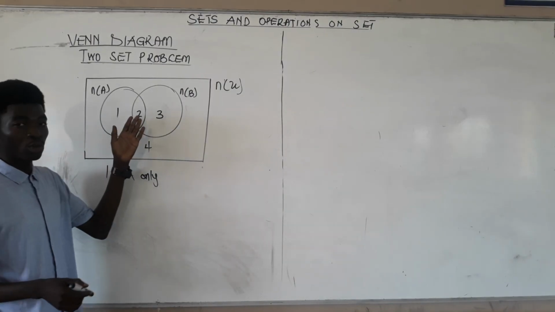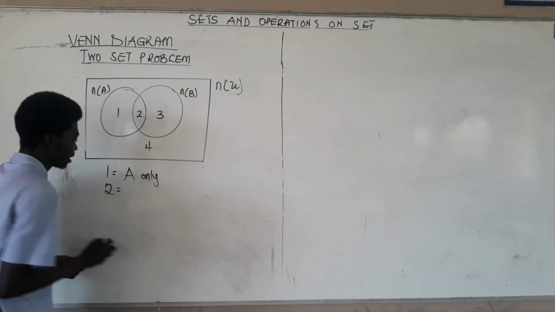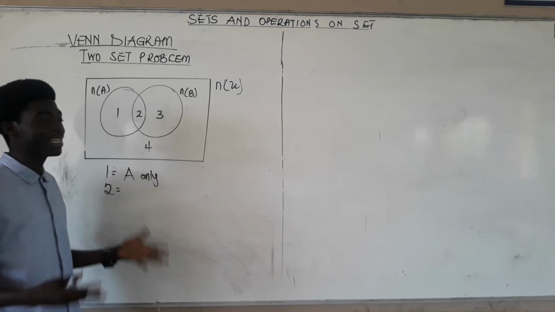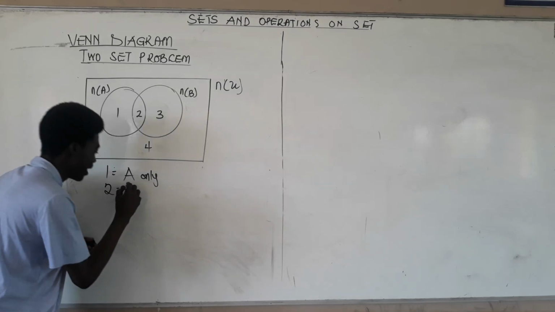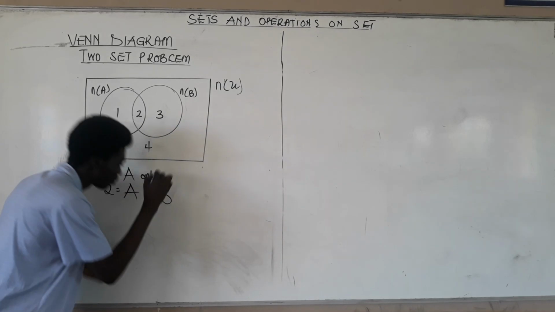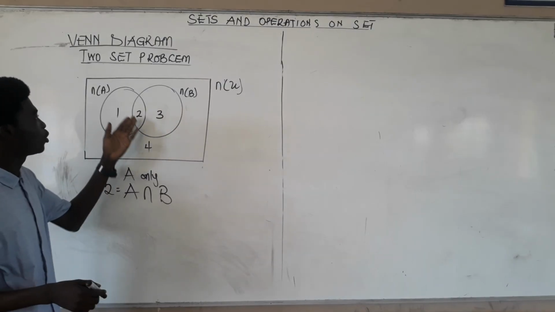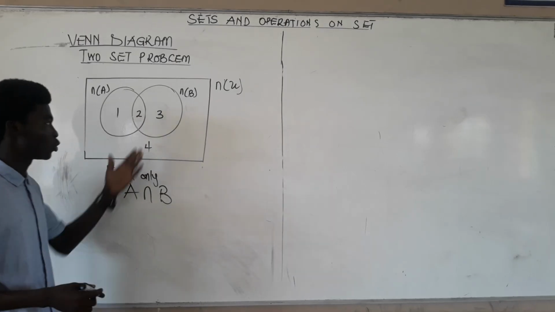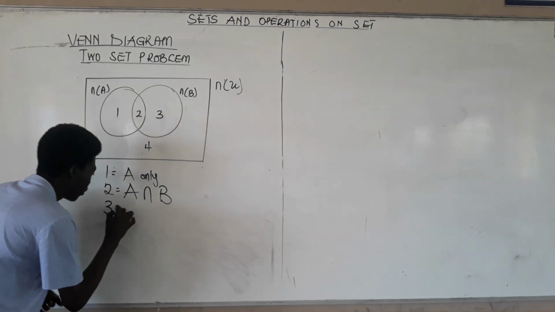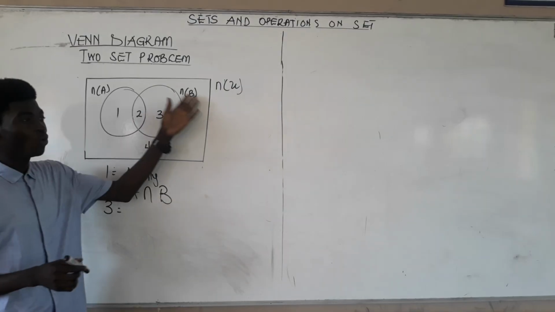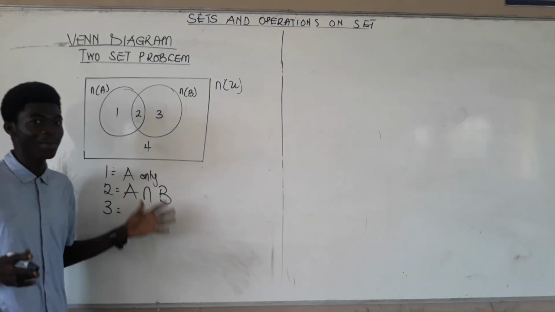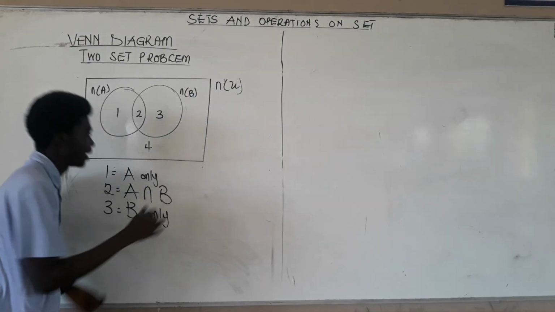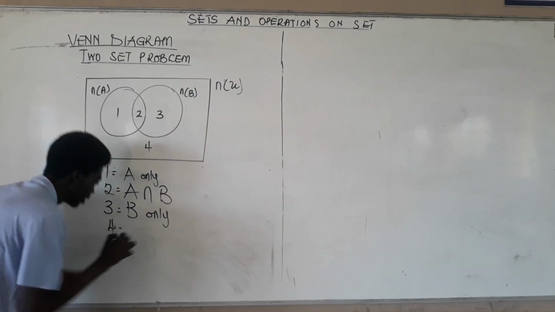The portion 2 represents the elements that are for A and B, the intersection of A and B, that is A intersection B. So the elements that belong to A and at the same time B, that is the portion labeled 2. Now 3 is for B only. So this portion represents the elements that are for B only.